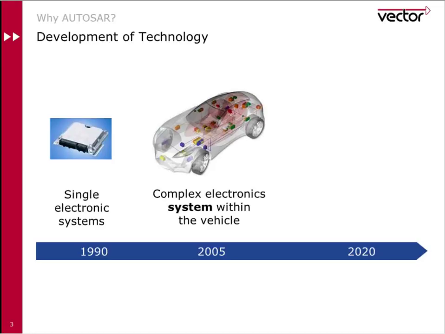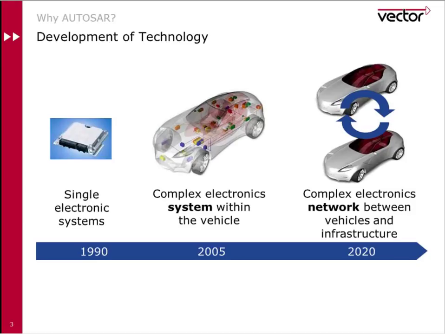For example, a very complicated system like lane departure warning or lane keep assist would rely upon multiple sensors from multiple ECUs within the vehicle. And as we move into the future, into the realms of 2020, we see more and more complicated electronic networking being involved for car-to-car communications or car-to-grid communications.